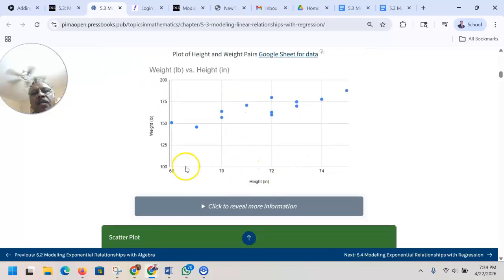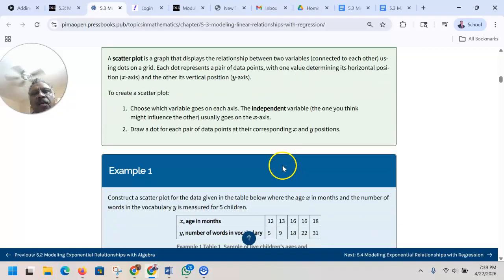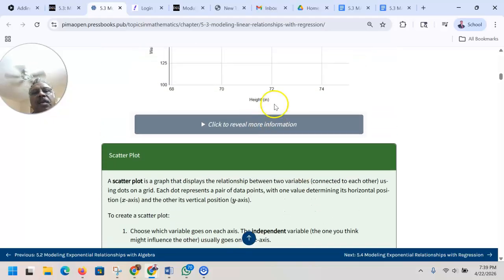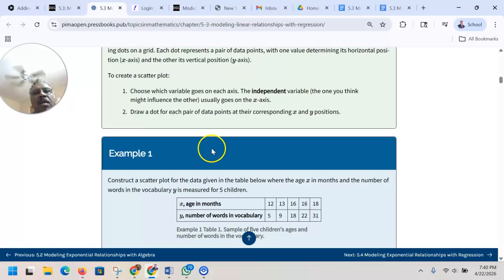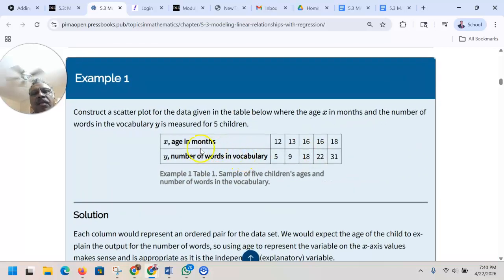The height is the x-axis and the weight is the y. Pima Community College shows this in a Google Sheet, but we are using the calculator straight away that you have now. I think we did this example last time.